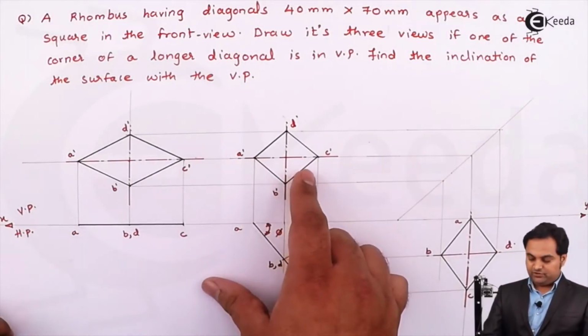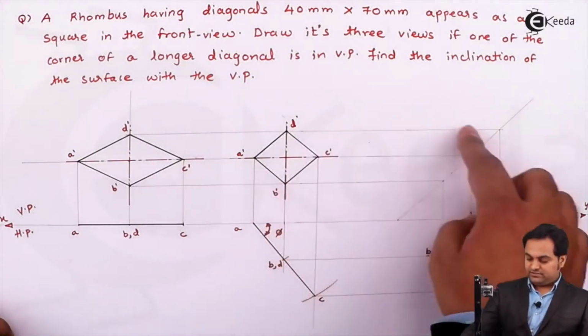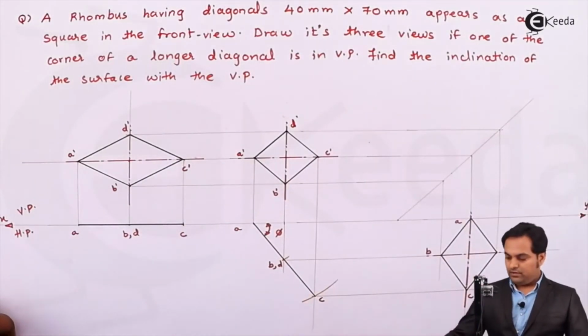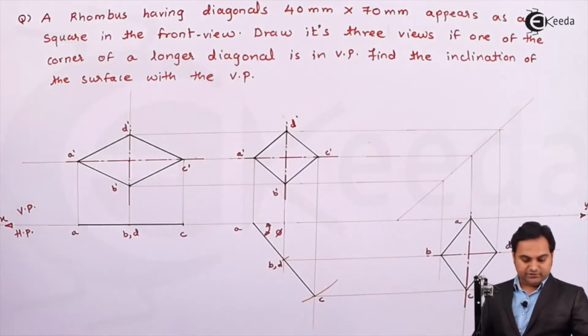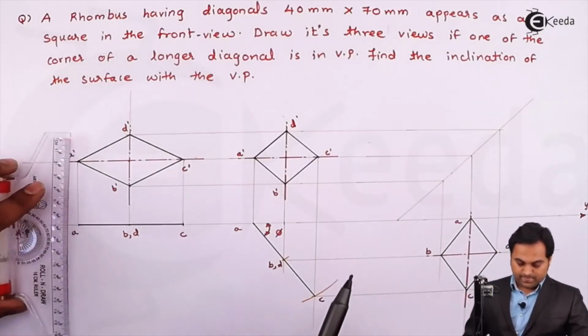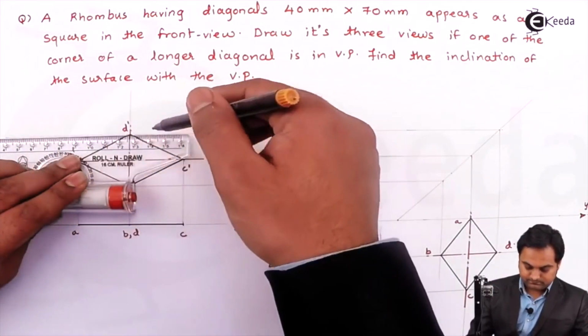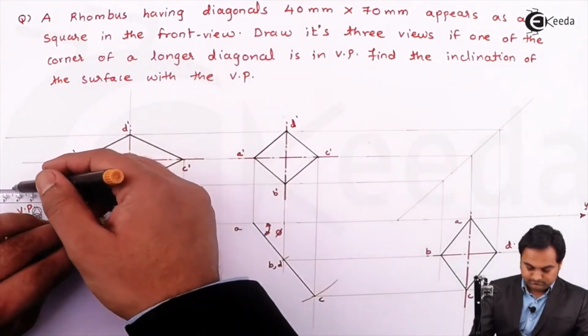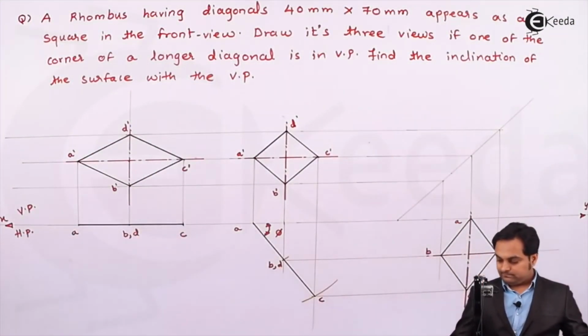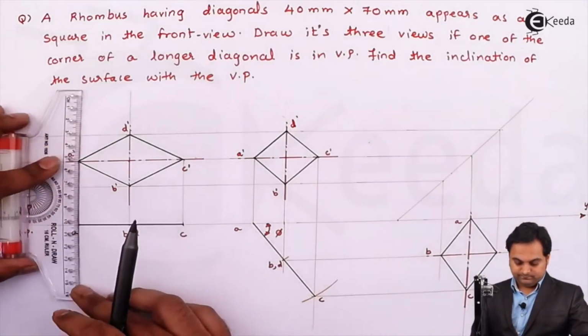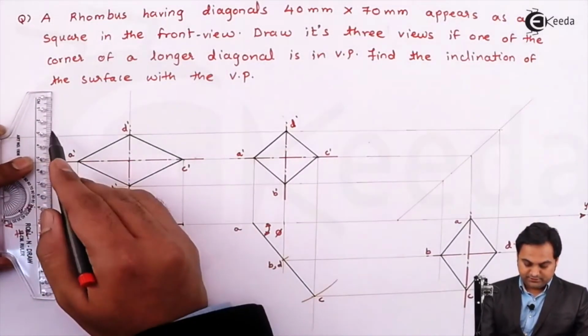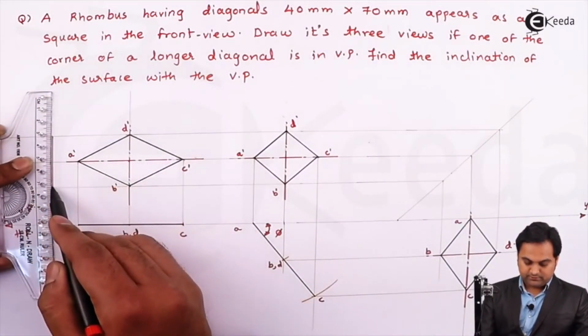So the front view became a square, and then this is the third view. After that, I'll give the dimensions. And the dimension lines should be medium dark.